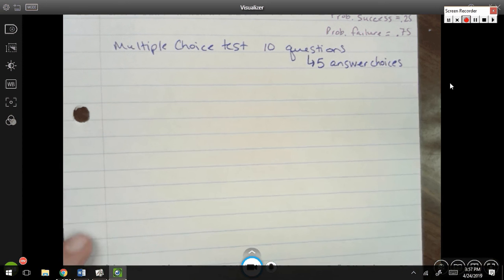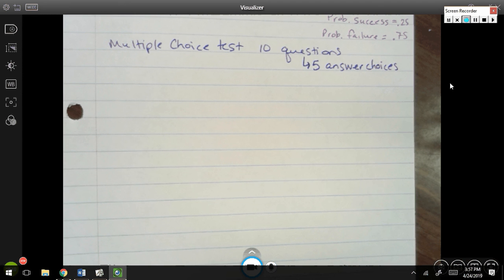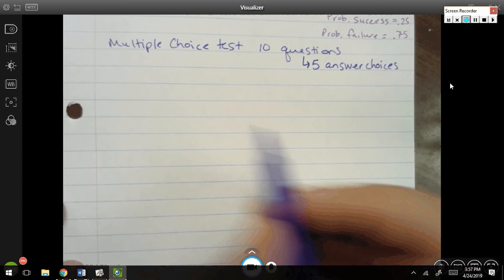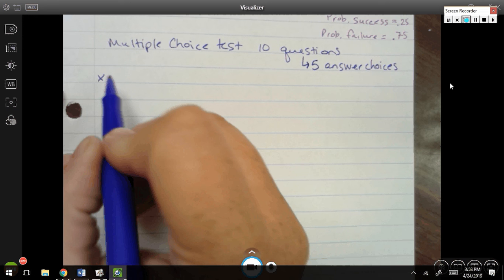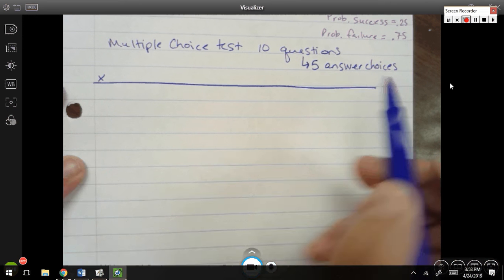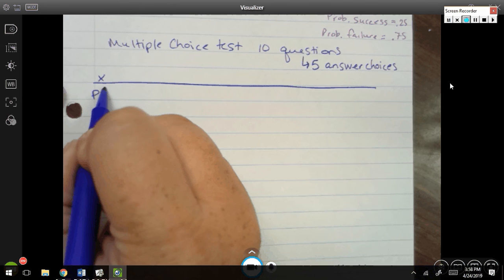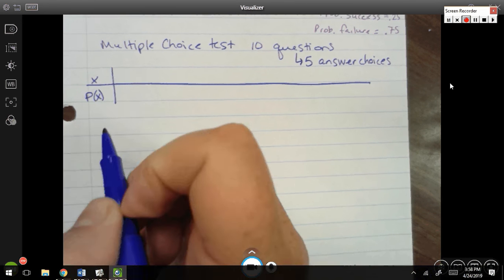Okay. So what I want to do is set up a binomial probability distribution of the number that you can get right. All right, so let's think this through. X is going to be my random variable, and my probability of X here. So X is going to be my number right.